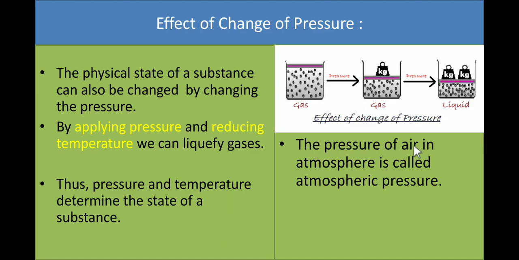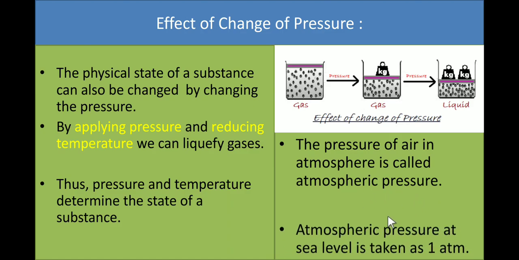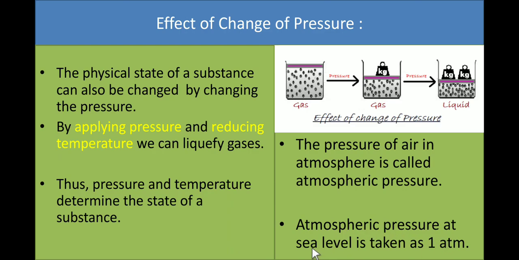The pressure of air in the atmosphere is called atmospheric pressure. That is, the air above the surface exerts pressure on substances. This is called atmospheric pressure. The atmospheric pressure at sea level is taken as 1 atm.